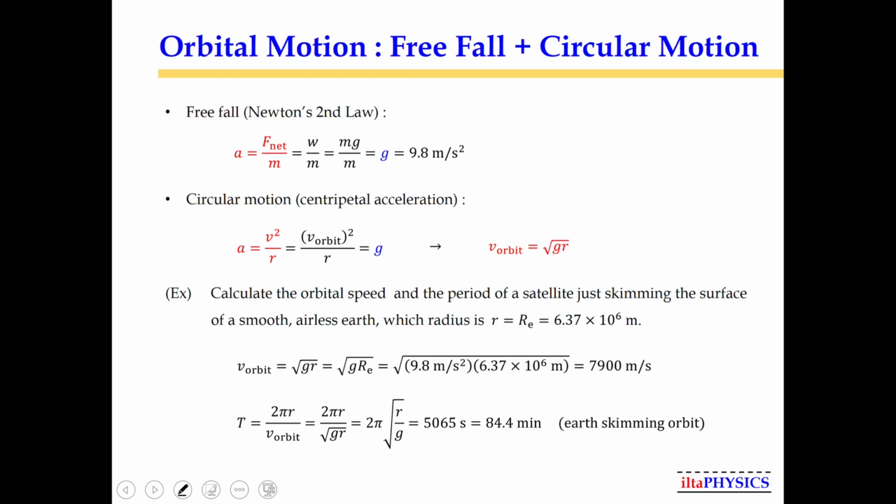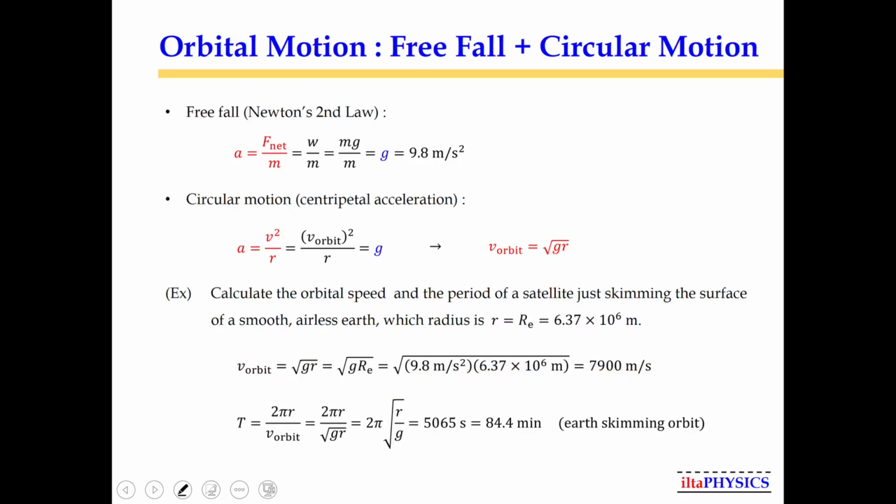A good example of orbital motion is, of course, a satellite orbiting around Earth. Let's calculate the orbital speed of a satellite that's orbiting very close to Earth's surface, and also find out how long it takes to make one full revolution, in other words, its orbital period. Using the orbital velocity equation we just derived and substituting the proper values, we find that the satellite's velocity is 7,900 meters per second.